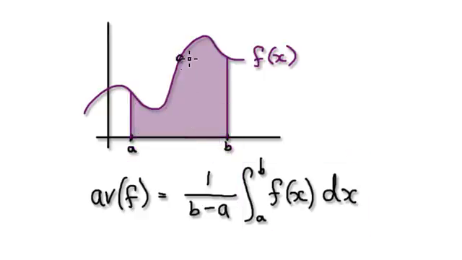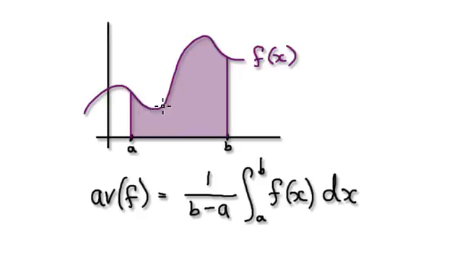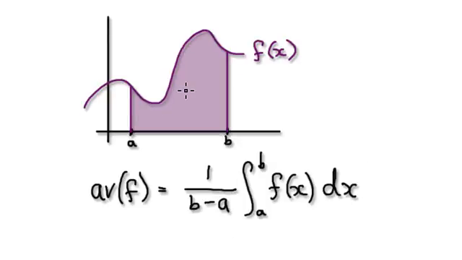That will give us a height, and it will give us the average height. Okay, so the average height is really in a way the average height of this function, if that makes sense. So we're just going to define the average height as us getting the whole area and then dividing it by the width.